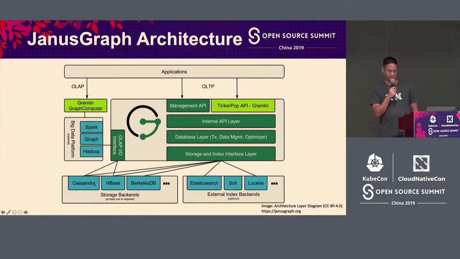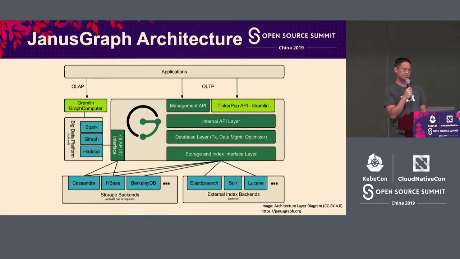So on the storage backends, we have Apache Cassandra, HBase, Berkeley DB. Since then, we've added backends for, I believe, many others. There's FoundationDB, ScyllaDB. It goes on and on. What's great about that is that you can take advantage of the skills that you have already.